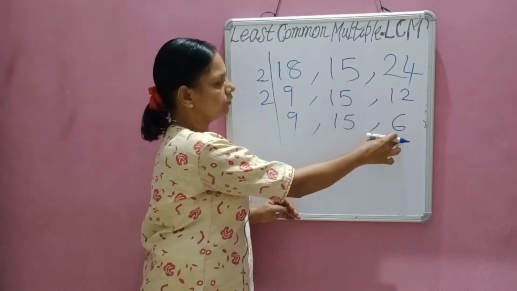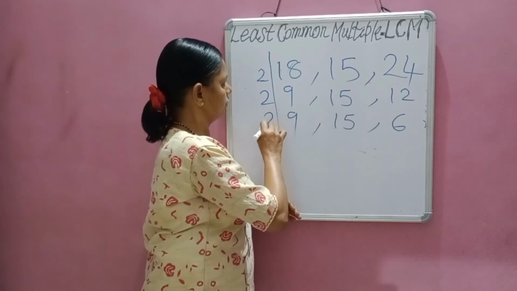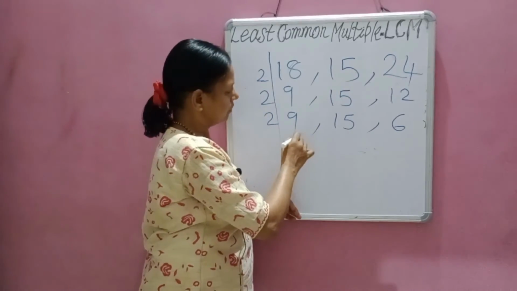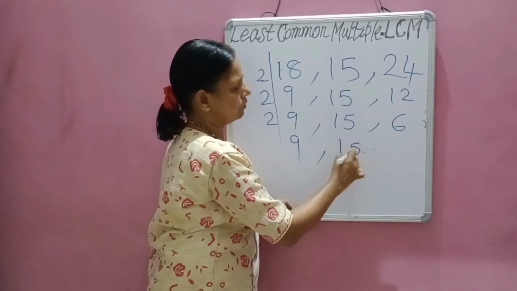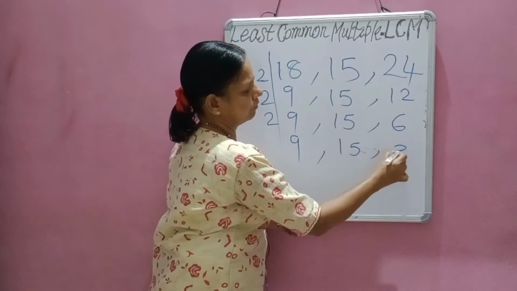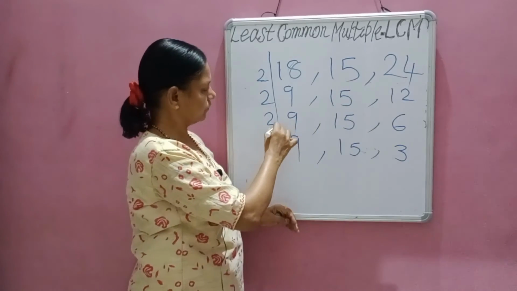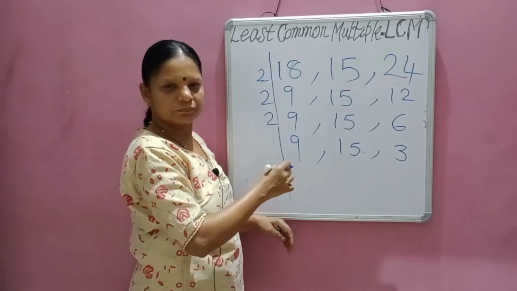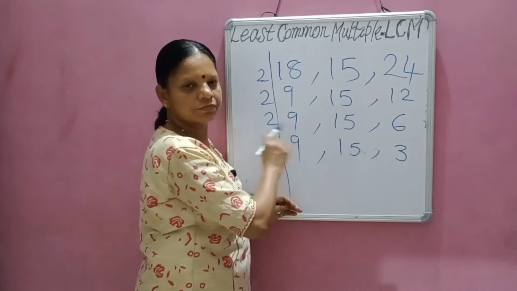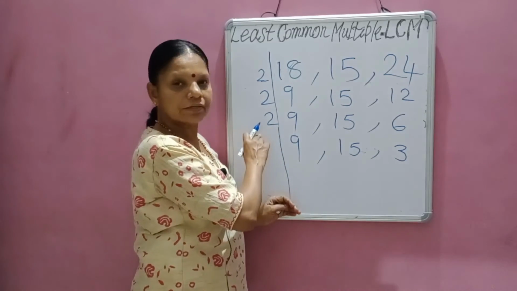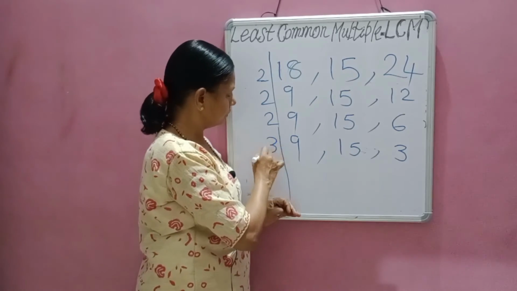Clear? Again you can write 2, giving 9, 15, 3. Now no number is divisible by 2, so you go to the next prime number 3.